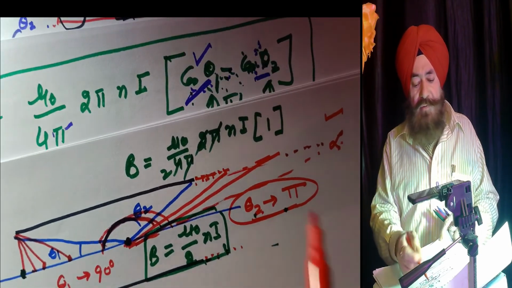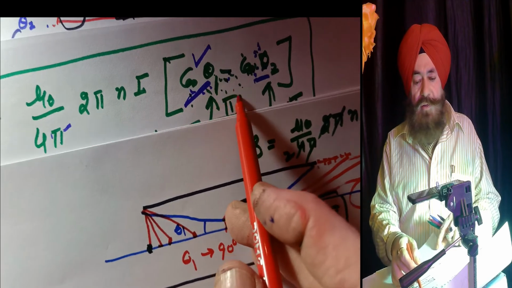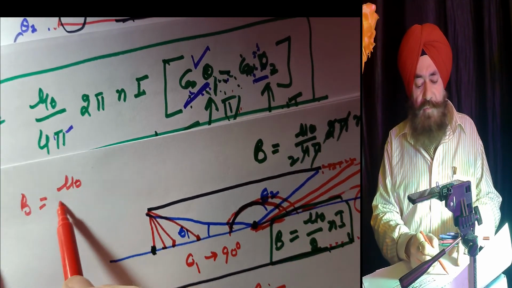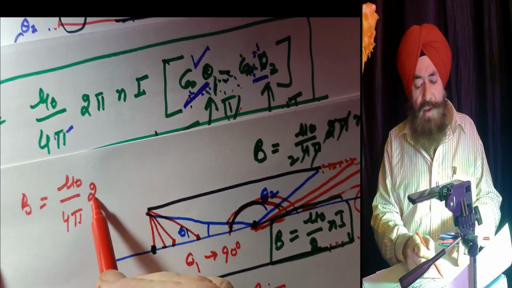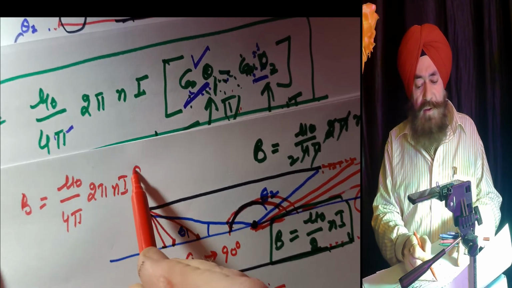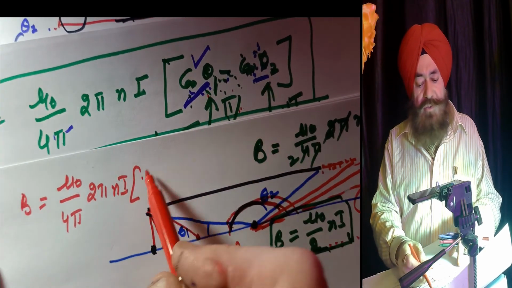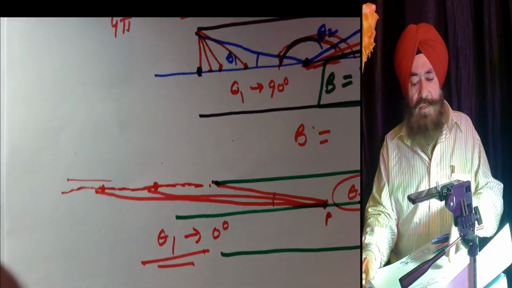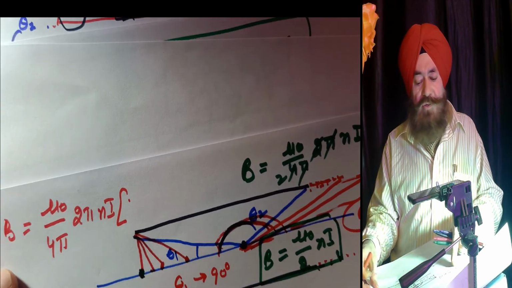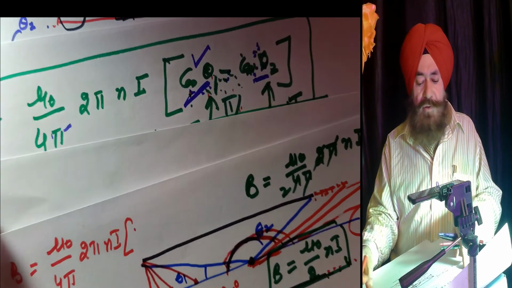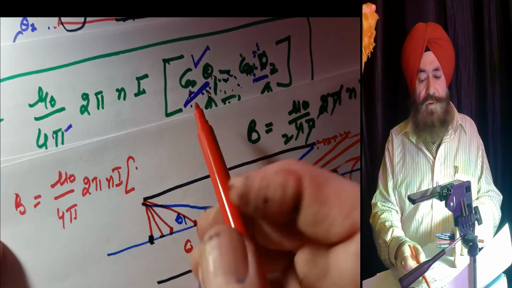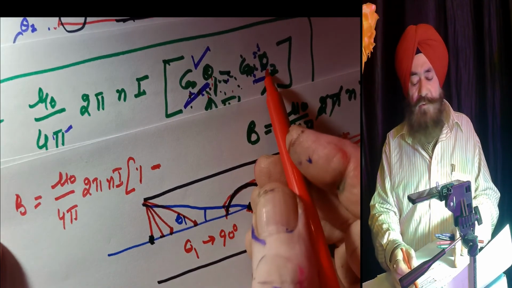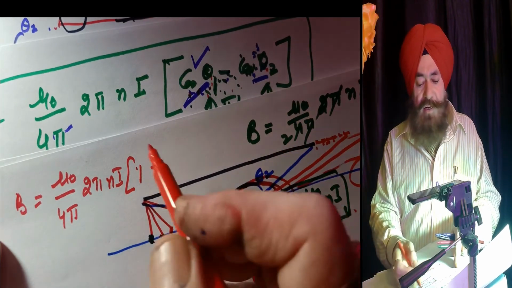Substituting this condition here, the formula becomes mu naught upon 4 pi, 2 pi n I, cos theta 1. Theta 1 is 0, so cos 0 is 1. Minus cos theta 2, where theta 2 is pi because of infinity along the second end.